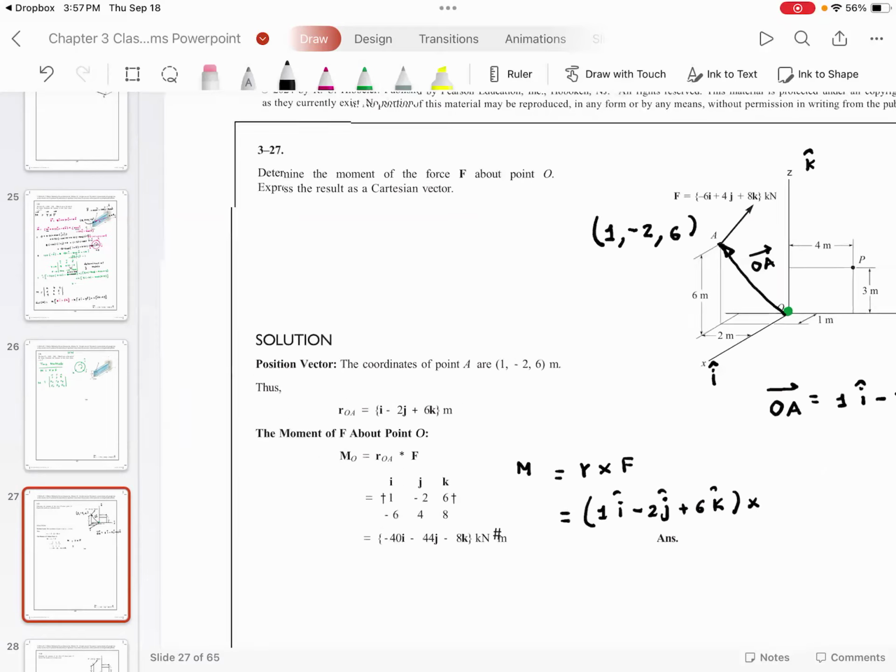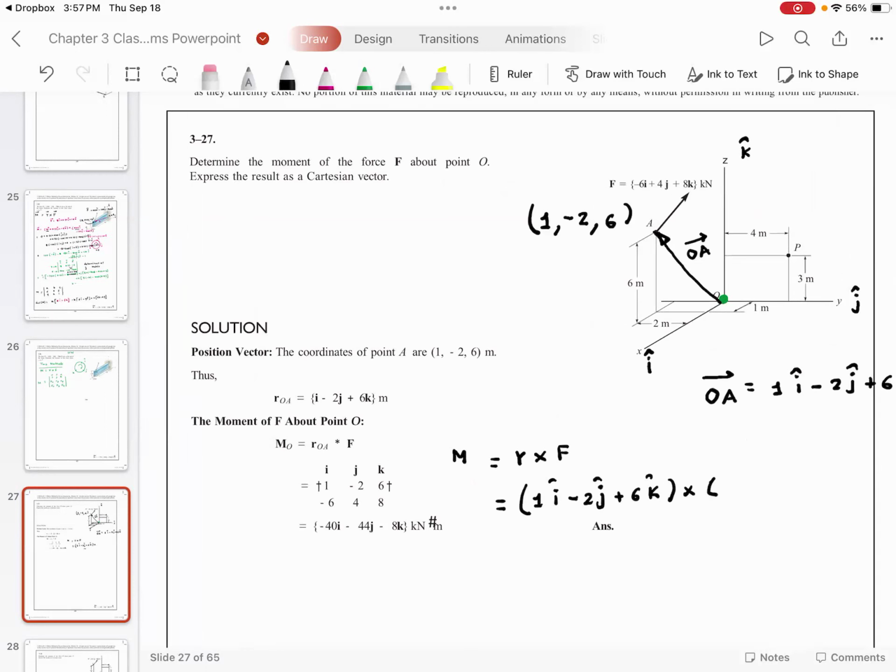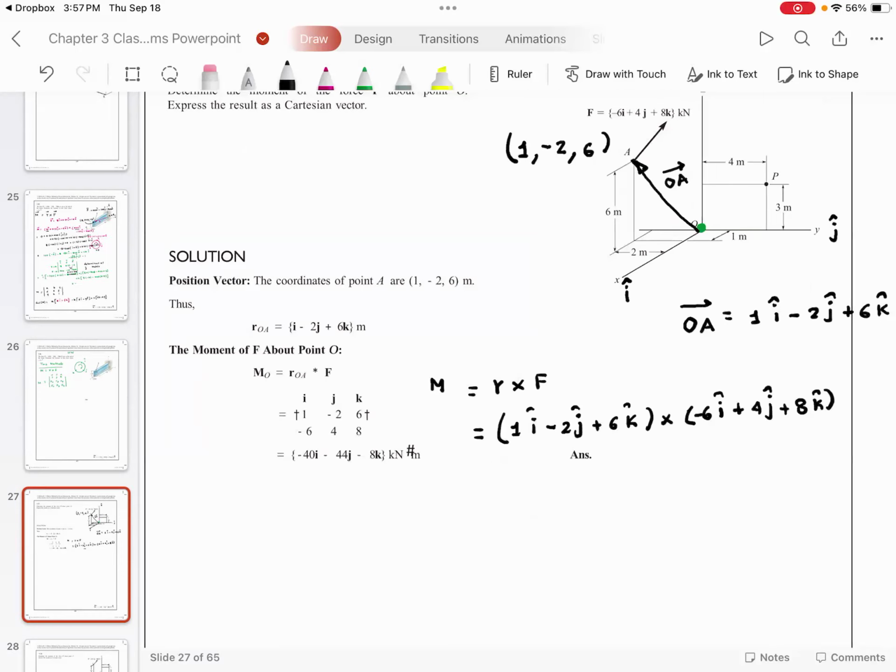The value of F is minus 6i plus 4j plus 8k. You agree with me? Okay. Now I'm going to solve this problem one way. So the first part is 1i, you agree with me? Crossed with minus 6i plus 4j plus 8k.